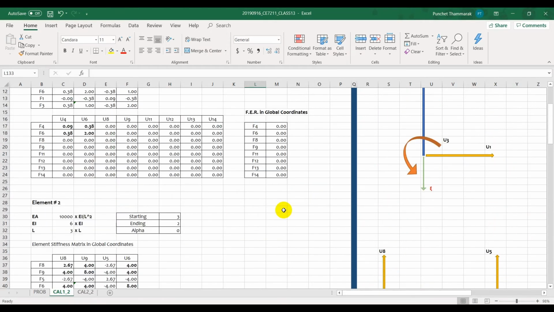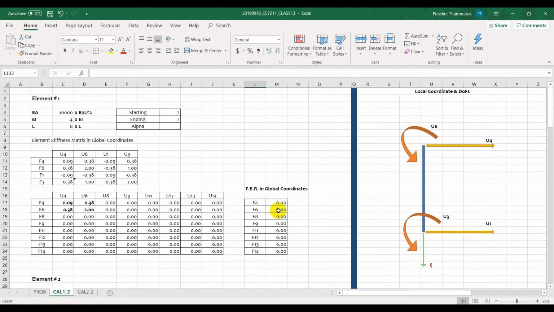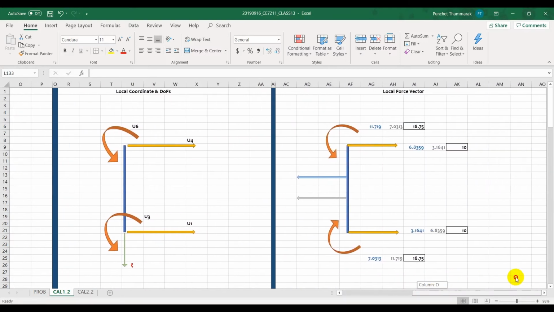Let's take a look at the force vector. So here we are going to compute the force vector for this problem manually. That means I'm not doing anything with the transformation matrix for the vertical and horizontal members. But for the inclined members, we still have to use the direction cosine. So let's take a look.